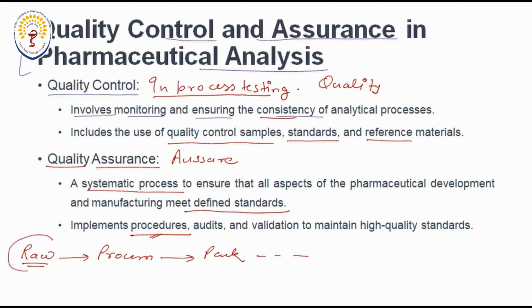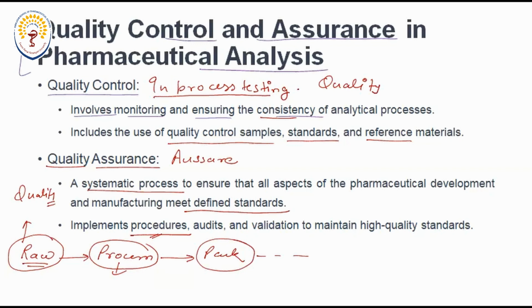Like for example, the raw material you bring should be of this quality. That standard is given by quality assurance. Your process should follow this particular thing. This is done by quality assurance. Your packaging should be of this type. This is done by quality assurance.